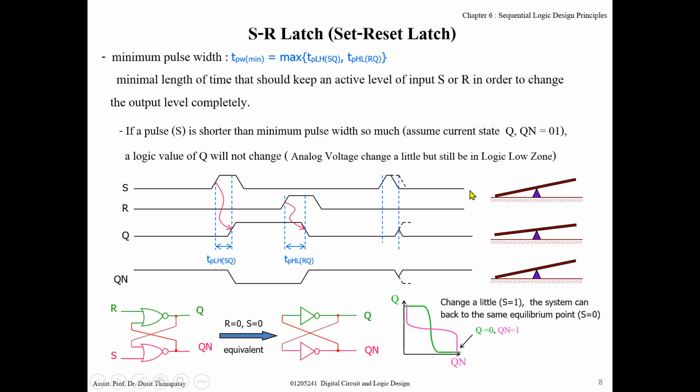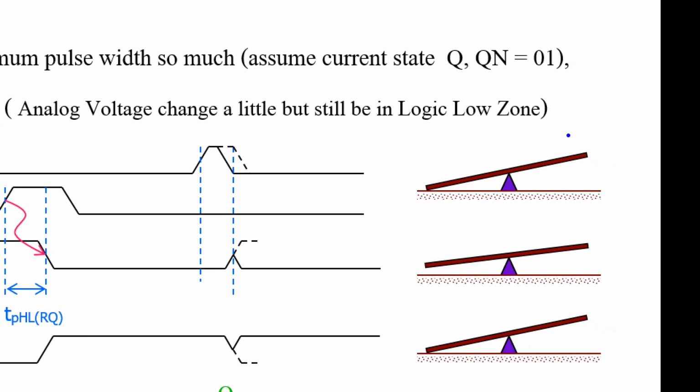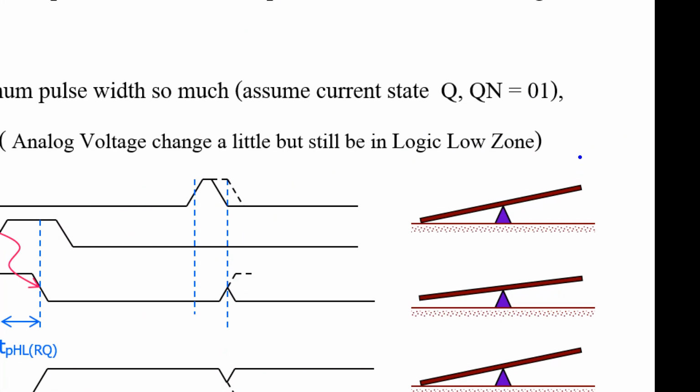It's something like this beam. If you press this beam a little bit, and then you remove or release the force suddenly, it's back to this state, not changed, right?